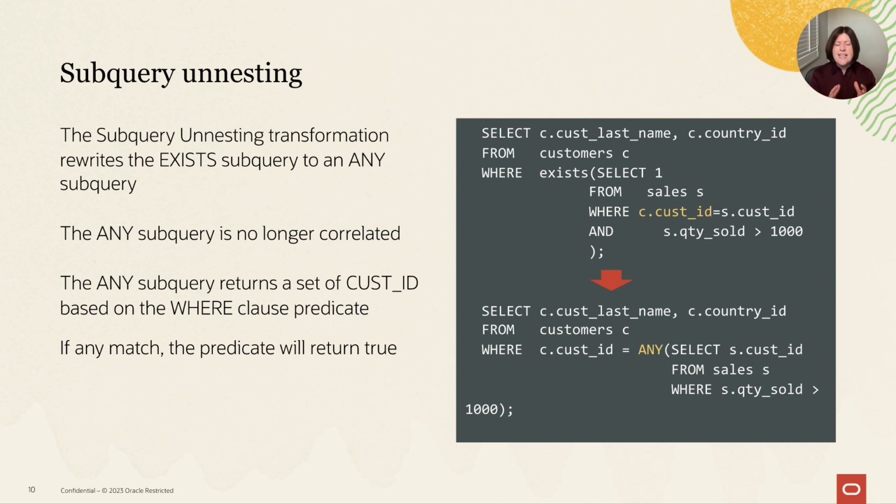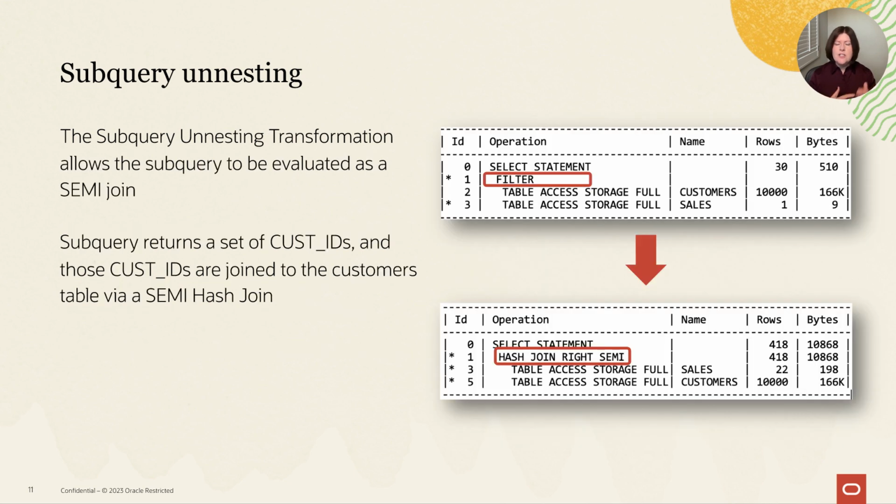It'll return a set of customer IDs, and if any of those customer IDs match, then that particular row in the customers table will be returned. So what it is going to allow us to do, as I said, is access the sales table just once. Instead of accessing that sales table for every row in the customer table, we'll access it once. The resulting customer IDs that are returned from that subquery will be joined to the customer table via a semi-hash join, making it a much more efficient plan.